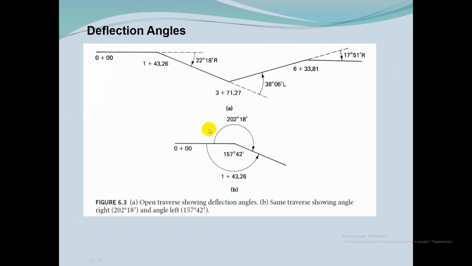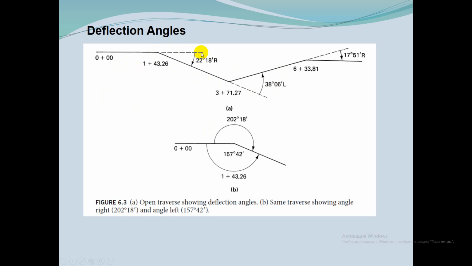Deflection angles, as shown, are measured from the prolongation of the back survey line to the forward line.